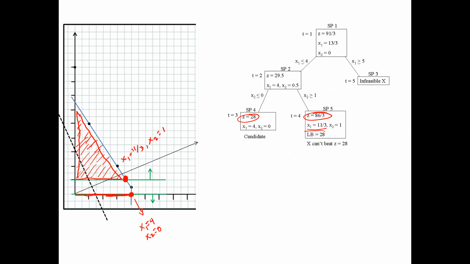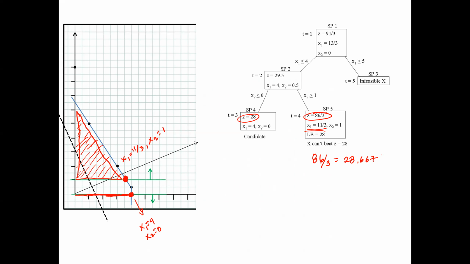Let me do that math. 86 over 3 is 28.667.